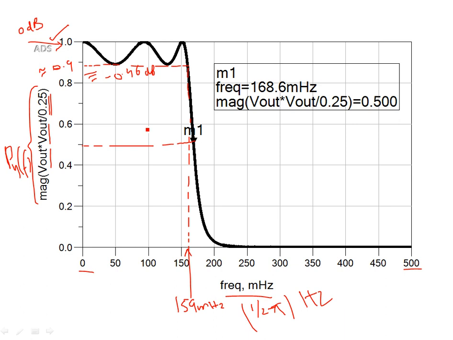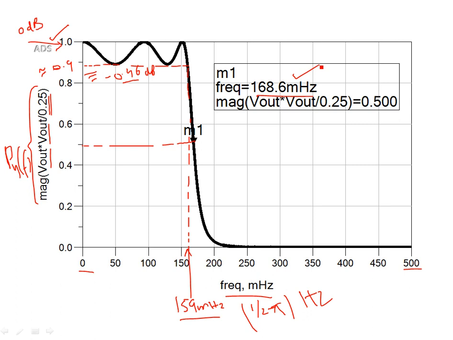For Chebyshev, the passband edge is where the last tolerance of ripple occurs. The tolerance was 0.5 dB, and this occurs at around 159 millihertz. The half power transmission occurs a little more than that, at 168.6 millihertz, where about half of the power is transmitted.